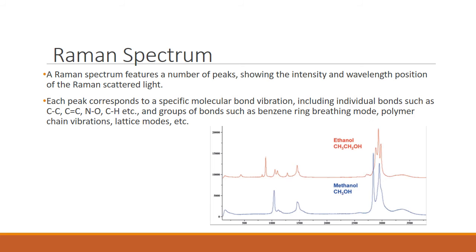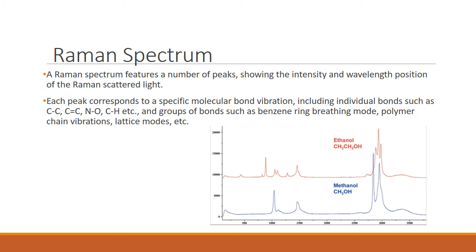So here you can see how we will be evaluating this. A Raman spectrum consists of a number of peaks. It's similar to what we learned in the previous case. In the IR spectrum, we defined it based on the absorbance or transmittance. Here we will be defining it with respect to the scattered light frequency and the intensity with which it has been created. In the Raman spectrum, it features a number of peaks showing the intensity and wave position of Raman scattered light.